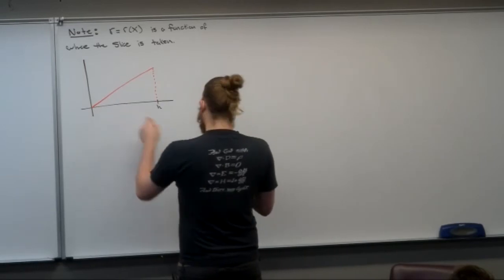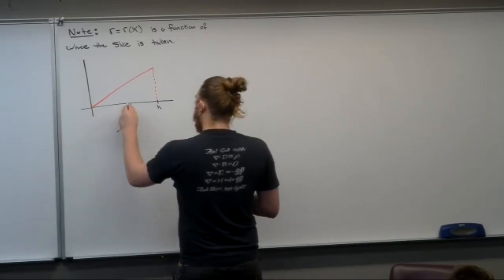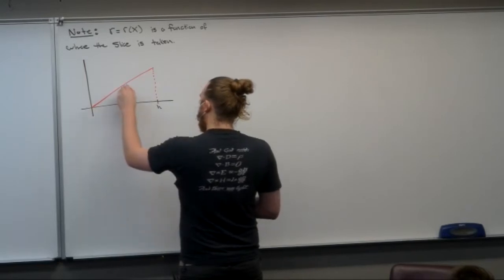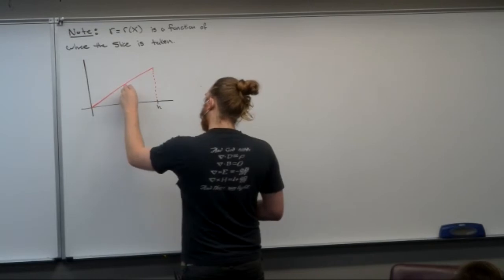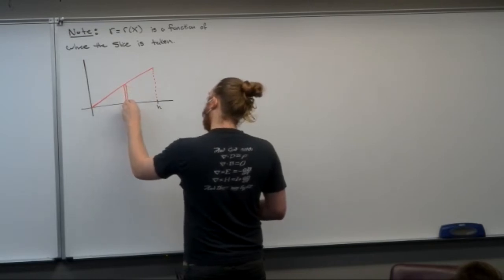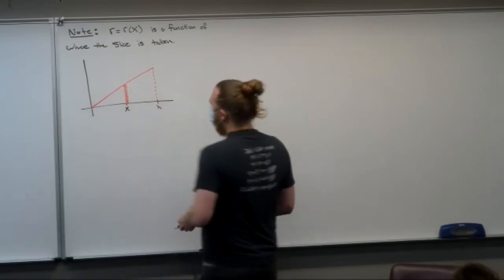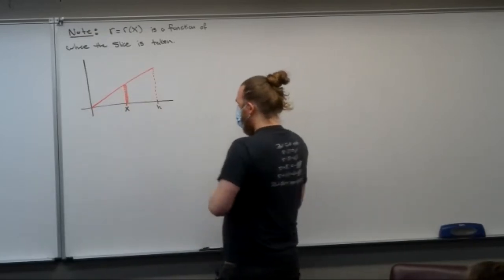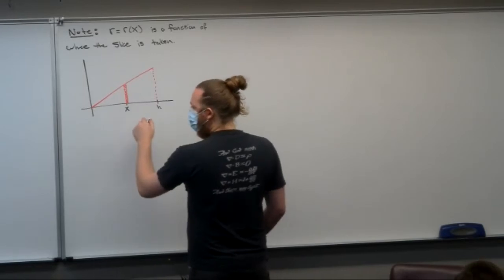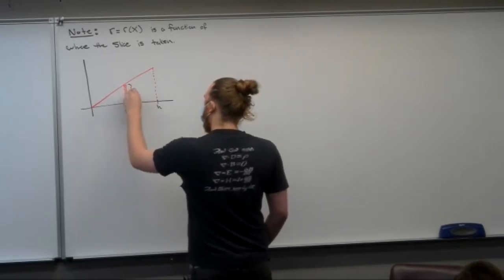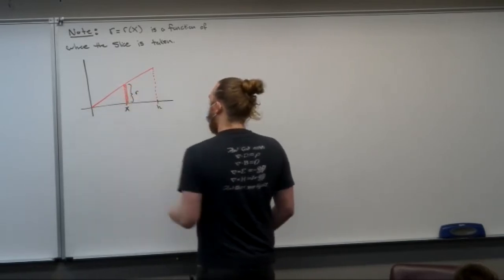I'm thinking of X. X is being here. And I have this very narrow strip right there. And my radius, the thing that I want so desperately, is this.